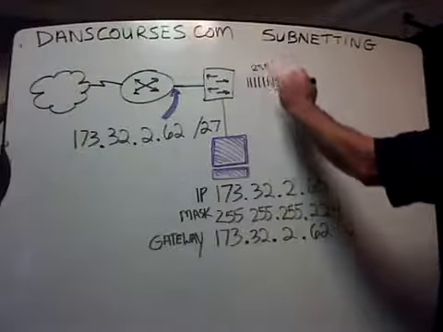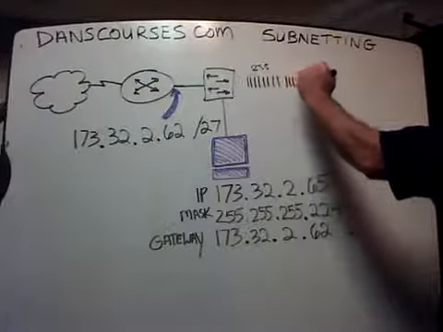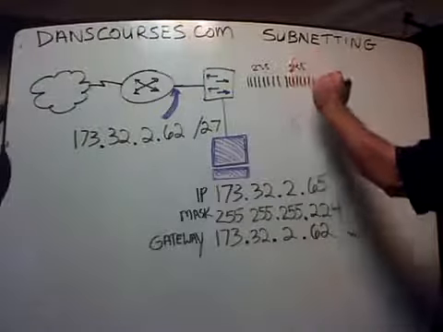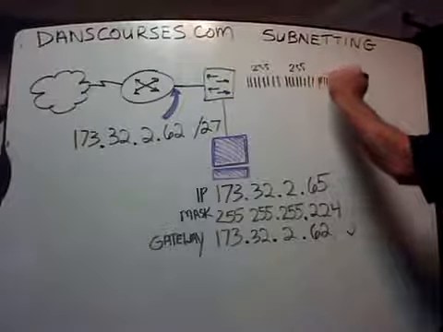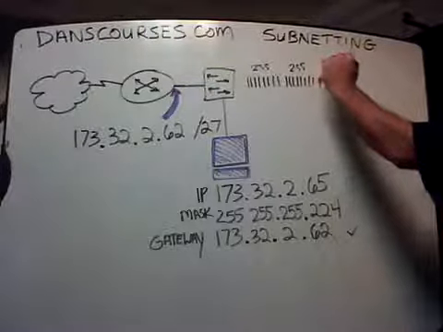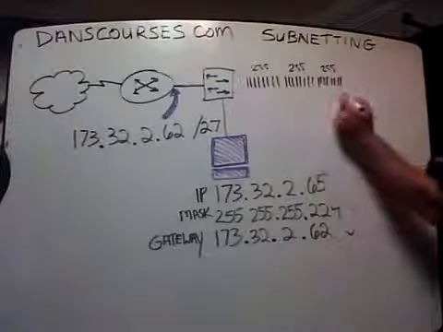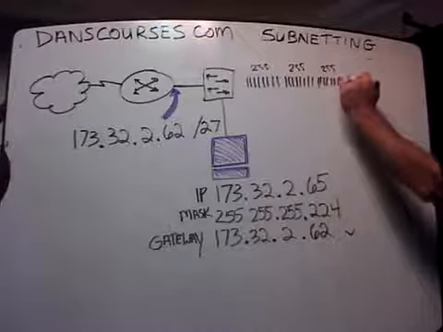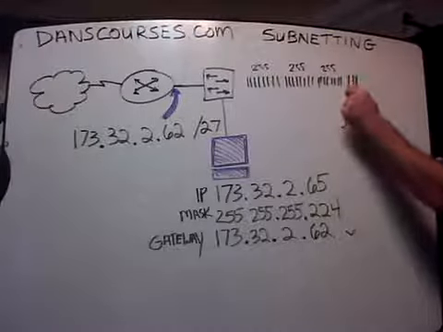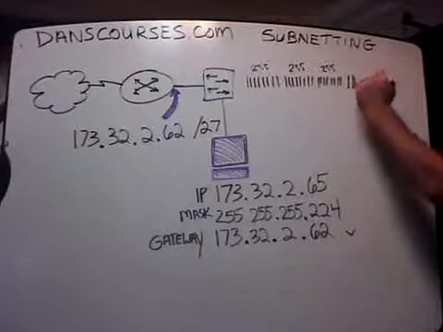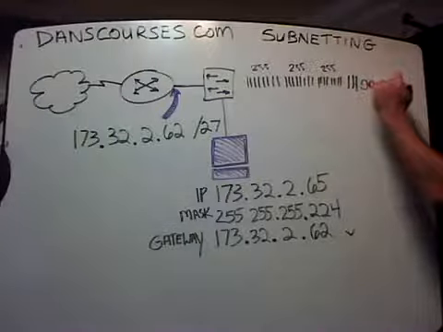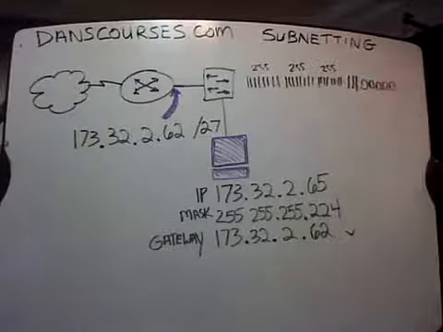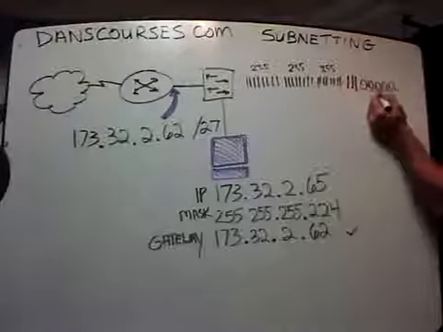That's a 255. Another 8, another 255. Another 8, another 255. That's 24 ones. Then here's the last octet: 25, 26, 27, so 3 ones and 5 zeros.